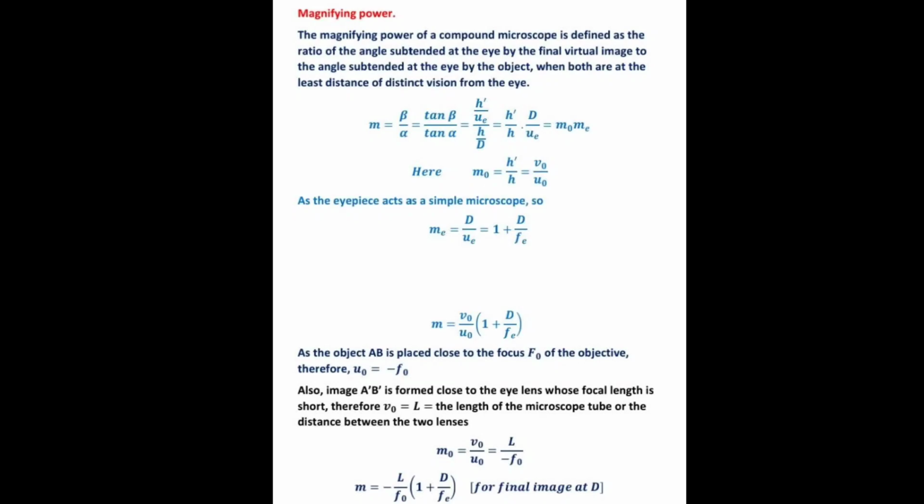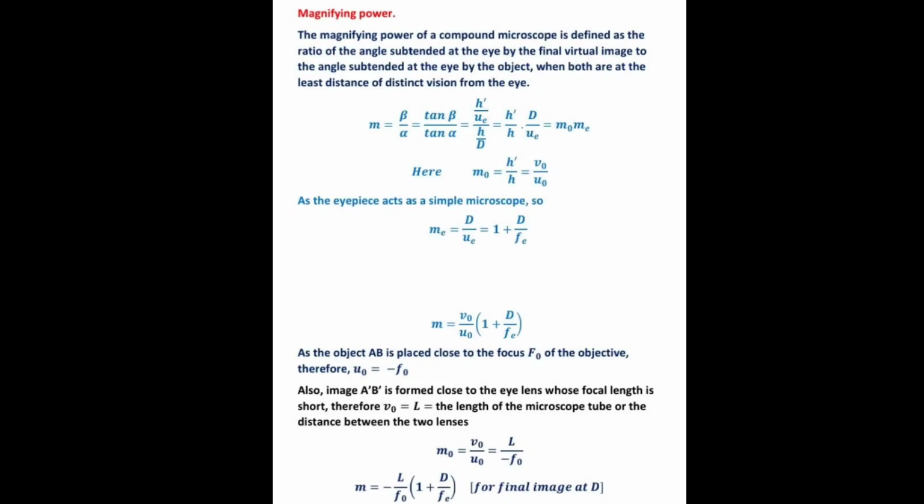Also, the image A'B' is formed close to the eye lens, whose focal length is short. Then what we do, we just change the value of v_o to L, that is the length of the microscope tube, or the distance between the two lenses. So we get a new formula: m_o, earlier equal to v_o upon u_o, now changes to L upon minus f_o.